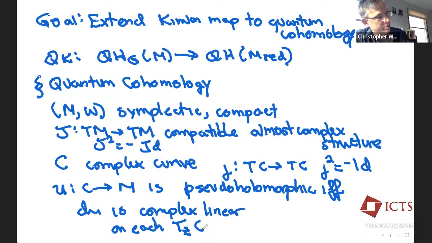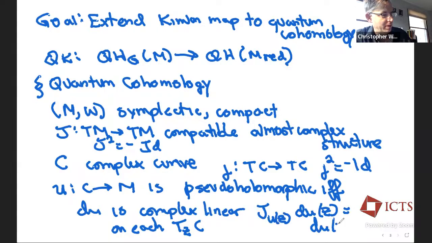So what does that mean? That means that if I take du and evaluate it at z, and then take J at u of z, this should be the same thing as du of z composed with little j at z. So this is some equation which is, in the context of symplectic manifolds, introduced by Gromov.